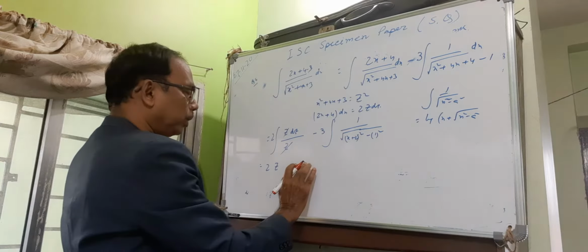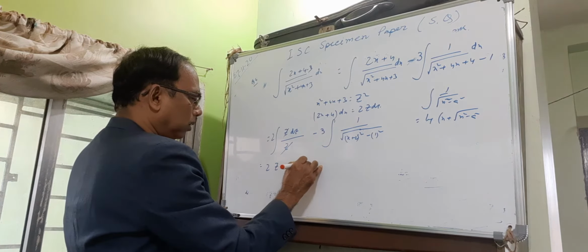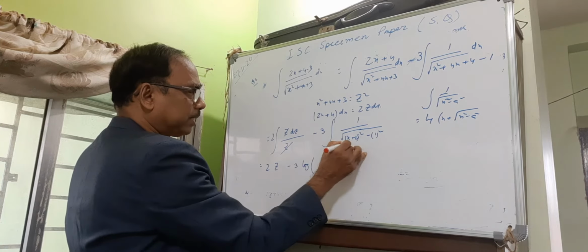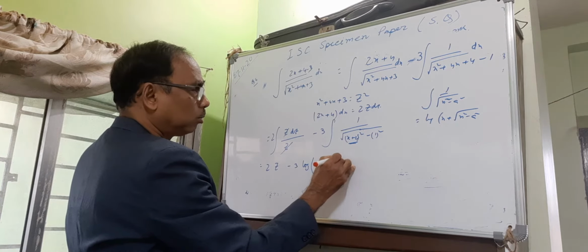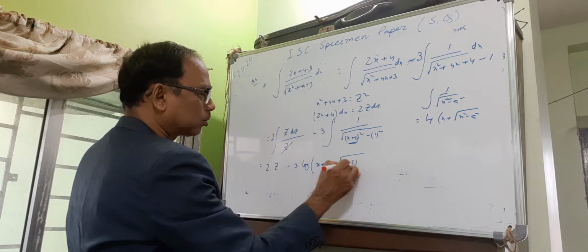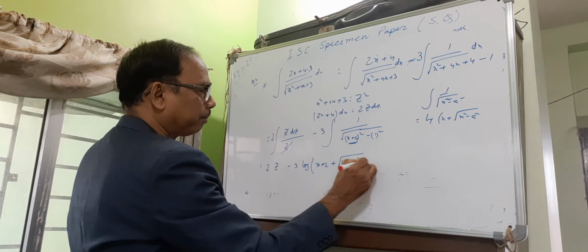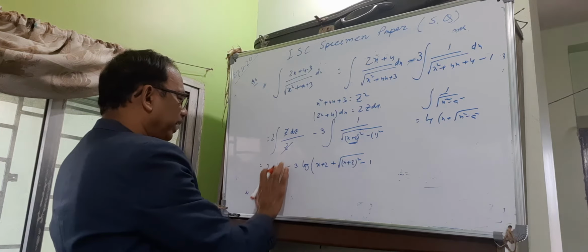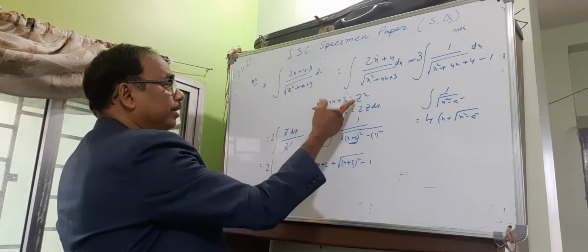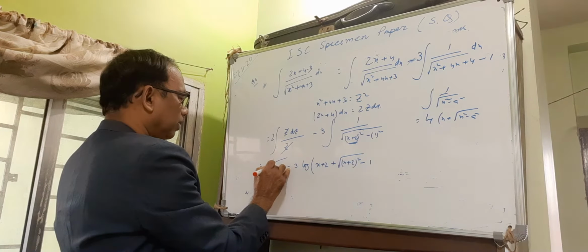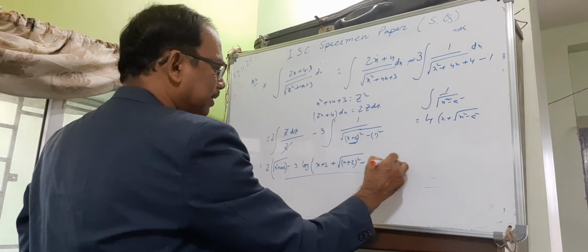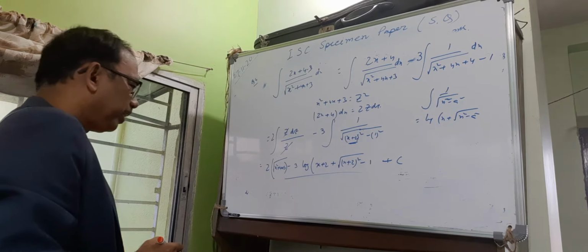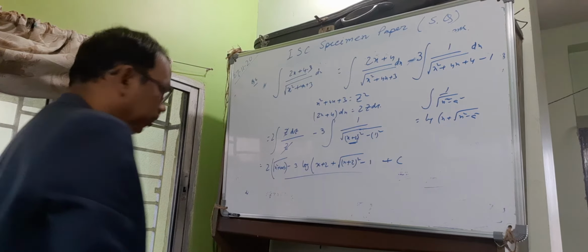That is minus 3 log, where x here is x plus 2, plus root over of x plus 2 whole square minus 1, and instead of z we can write z is root over of x square plus 4x plus 3, plus c. That is the integration of the given expression.